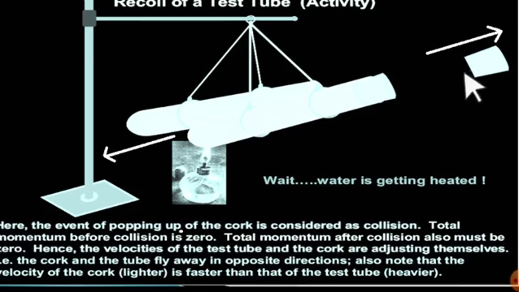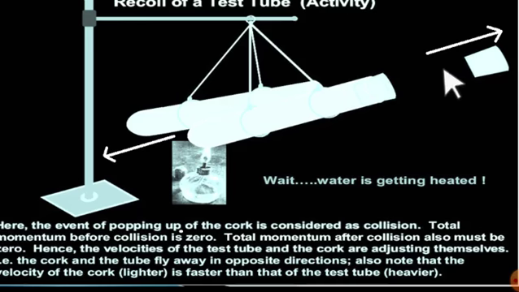So as these two are moving in the opposite direction, if you try to bring them back and sum up these two, then it will be again at this position. So just to remain in position, as the cork is moving forward, the test tube will try to move a little bit toward the back side.